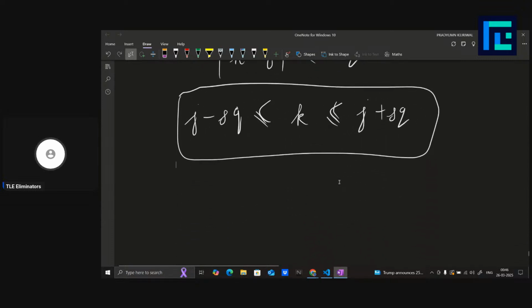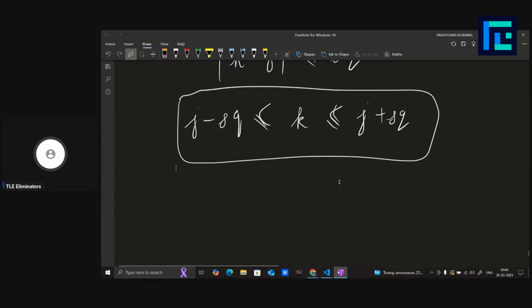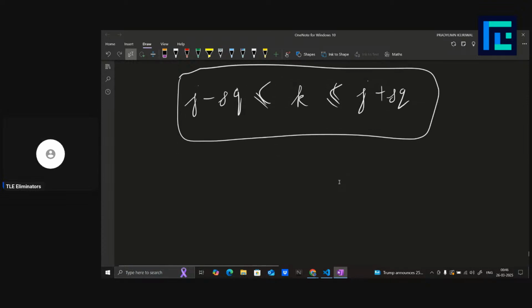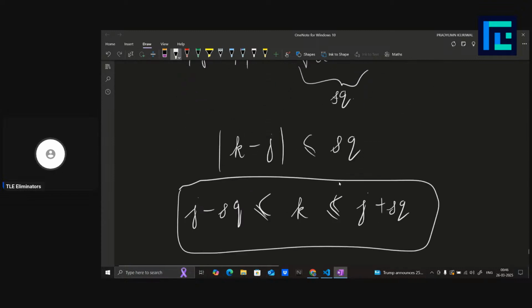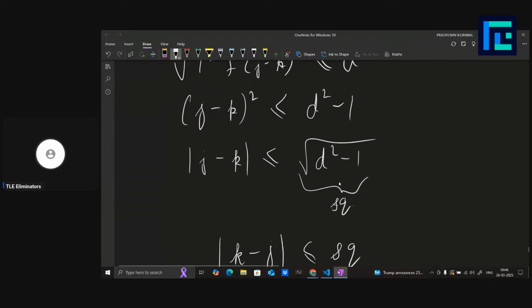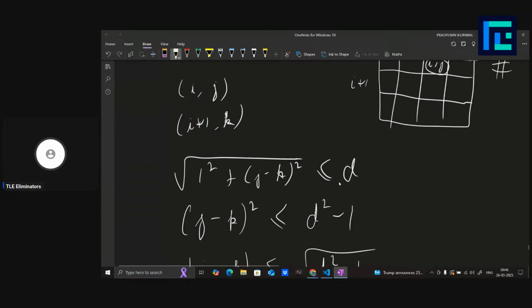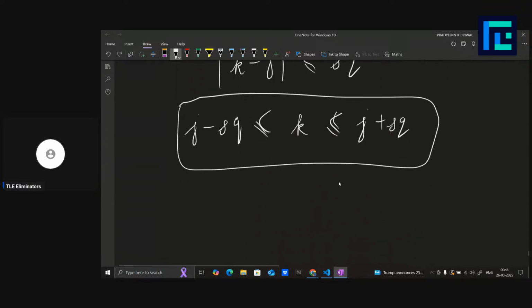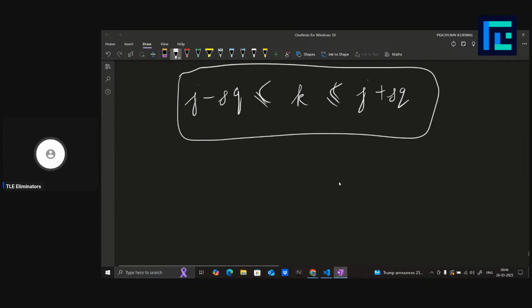And now what I have to do is basically transition from all of these states. Basically all of these k are valid, right? I can transition from (i+1, k) to (i, j) for all of these k.